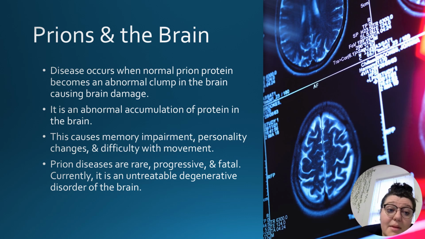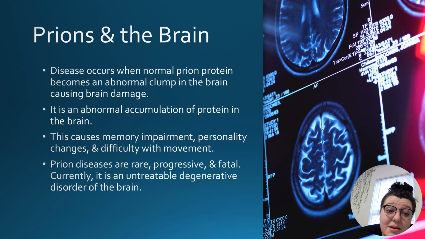It is an abnormal accumulation of protein in the brain. And we know that our brain is very important and we need to protect it at all costs. This can actually cause memory impairment, personality changes, and difficulty with movement. So, prions in the brain are a big no-no.